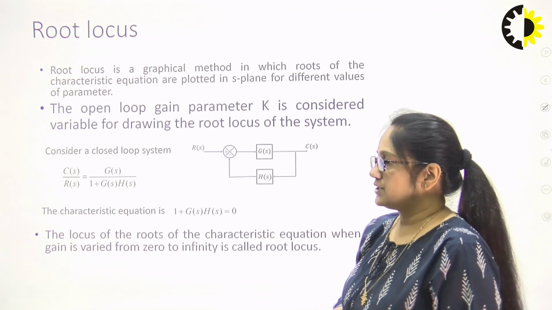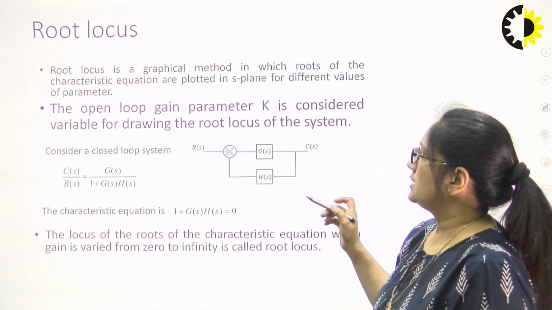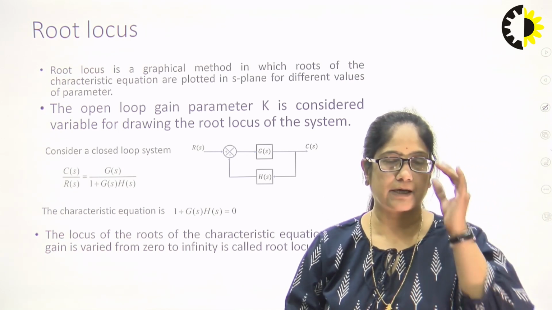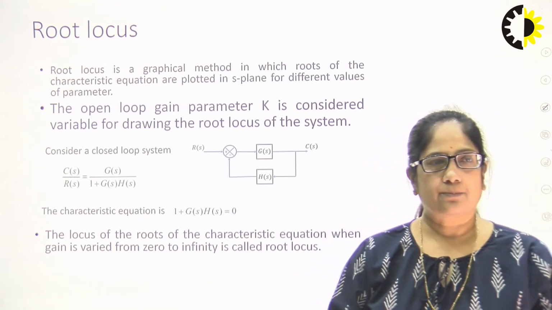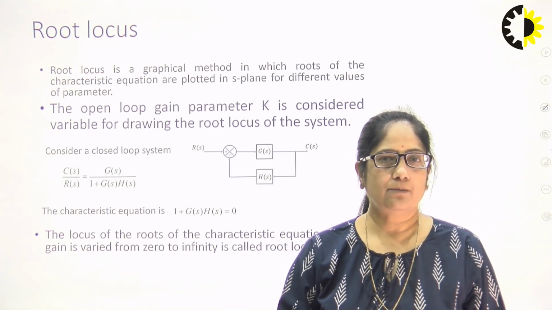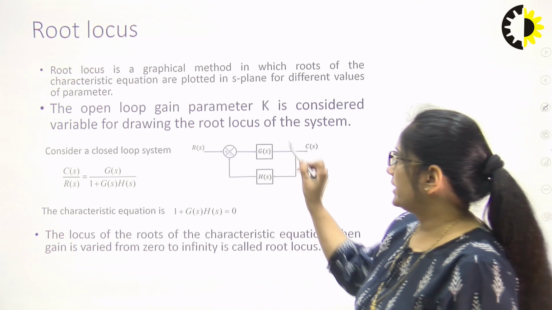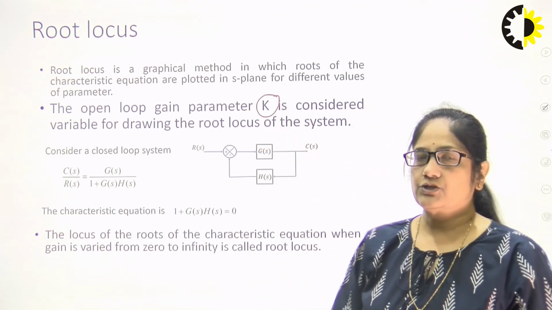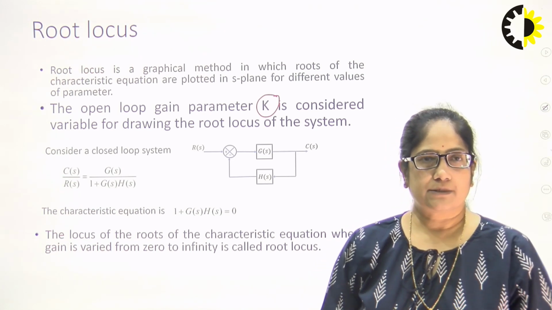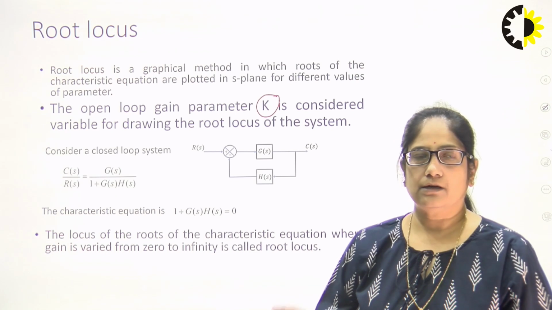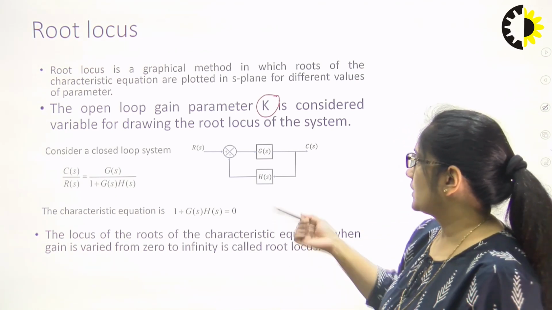So the basic definition of root locus is it is a graphical method in which the roots of the characteristic equation are plotted in S-plane for different values of a varying parameter. Now the varying parameter is the open loop gain K, which could vary when the system is designed and being initialized till its end.